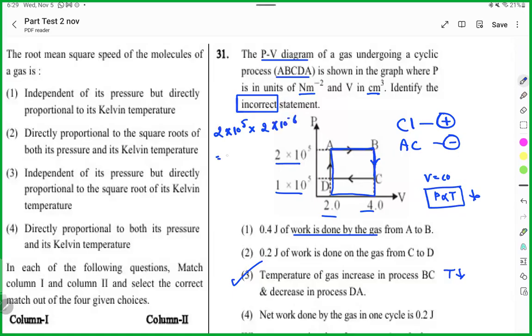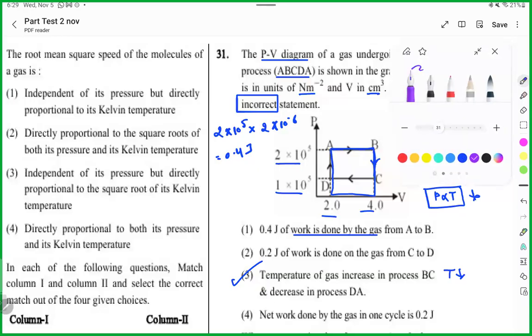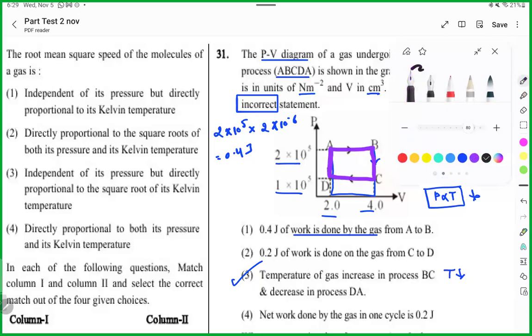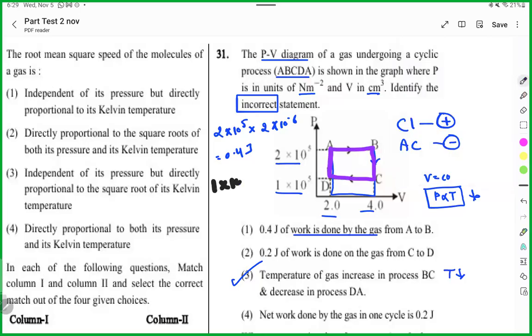So answer will be 0.4 joule in A to B. In whole cycle, it will be this part, remember. Whole cycle only this part, not blue one. So pressure will be 1 into 10 raised to power 5 and volume will be same 2 into 10 raised to power minus 6. So answer will be 0.2. So 1 and 4 are correct.